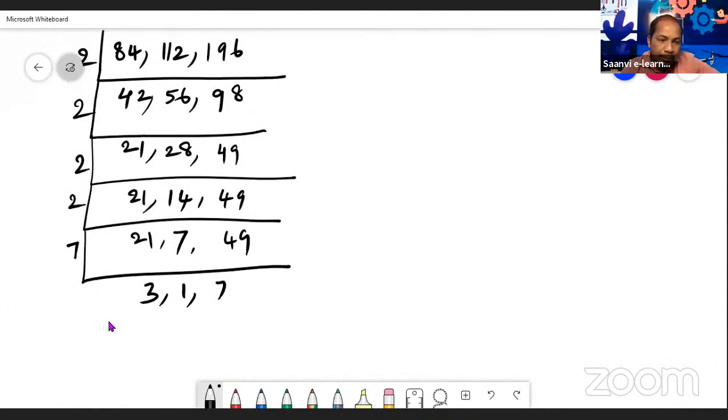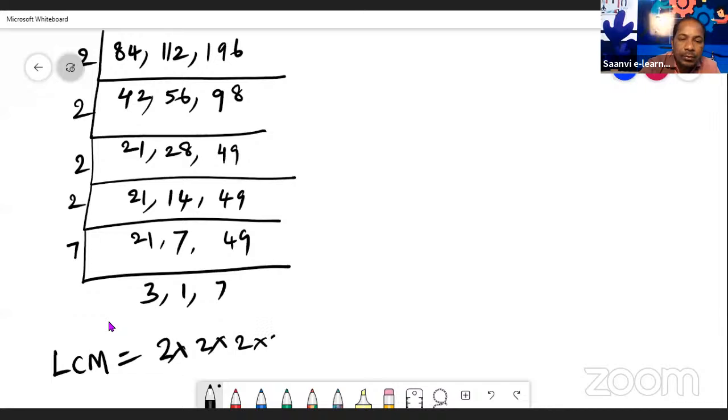Now LCM. So when we multiply all these factors, we get one result that is called LCM. So factorize them. 2 into 2 into 2 into 2. 2 is multiplied 4 times.